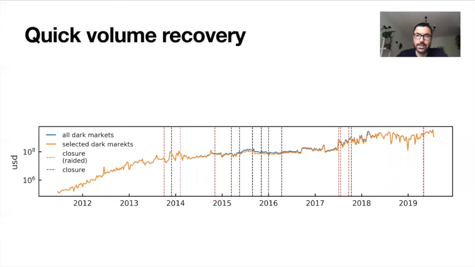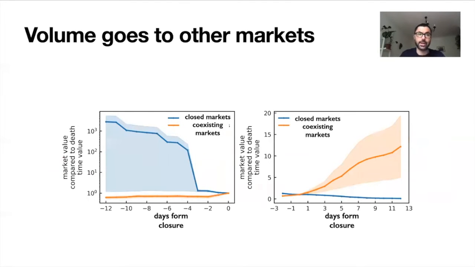We did also some more detailed analysis for this, but the message is that the volume keeps growing. And why is that? Here we have the value of the markets normalized at the day of closure. The day of closure of the market we are targeting is the normalization factor, so the value is 1 there.